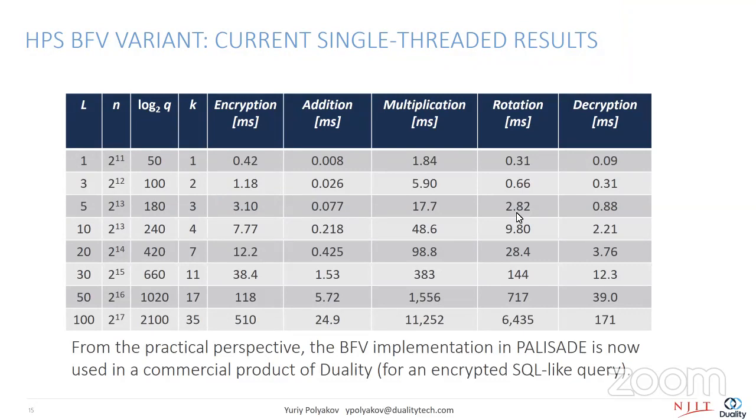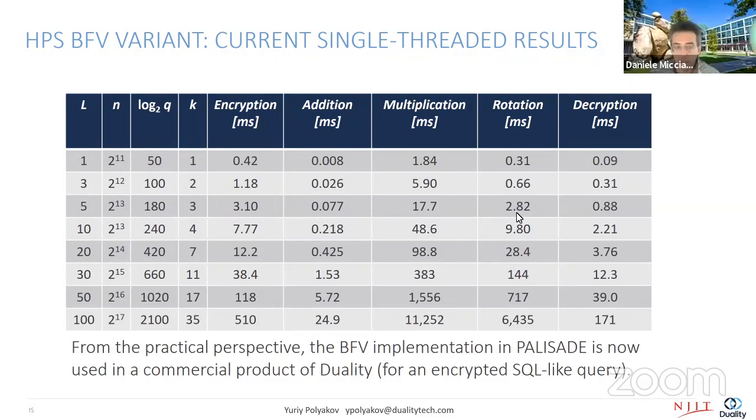Sorry, Yuri. So you said that multiplication is the expensive operation, and what makes it expensive? You said it's not the key switching; it is the product part. It's the tensor product. So we have to multiply 2 ciphertexts without modular reduction. So we have to do CRT basis, extend the RNS basis, which involves a lot of NTTs.